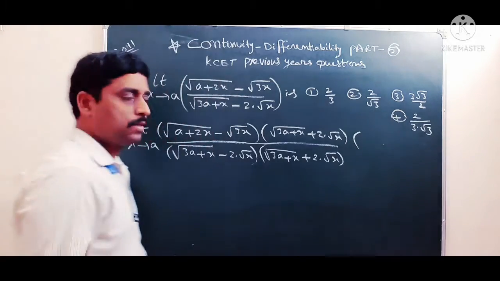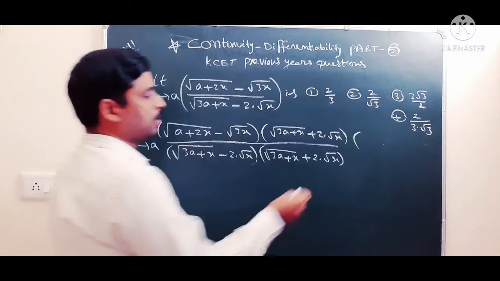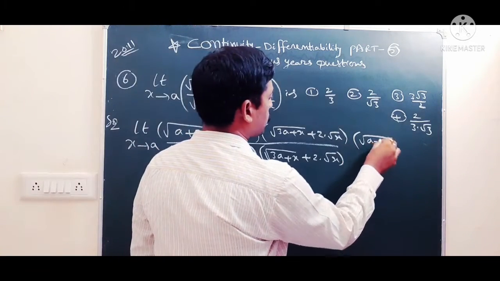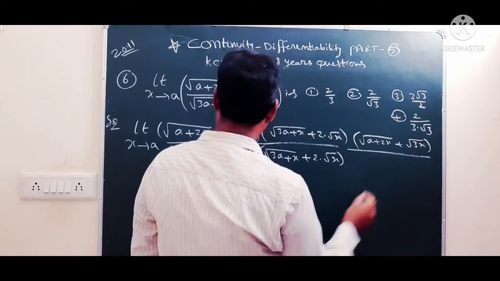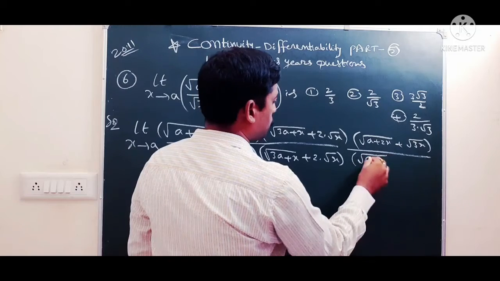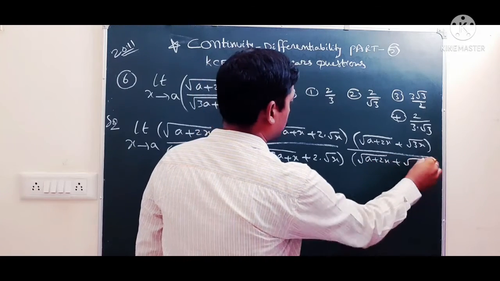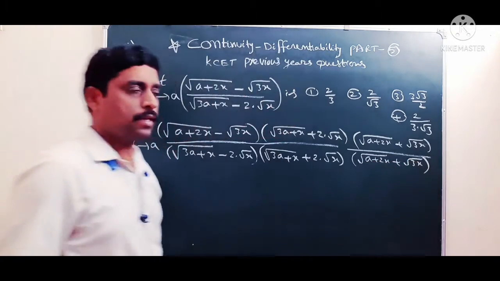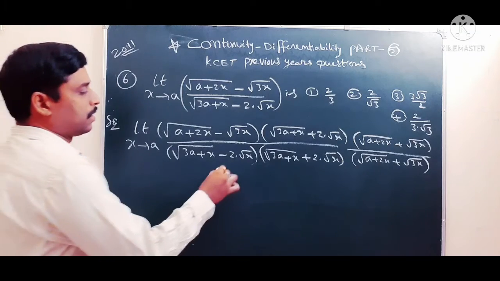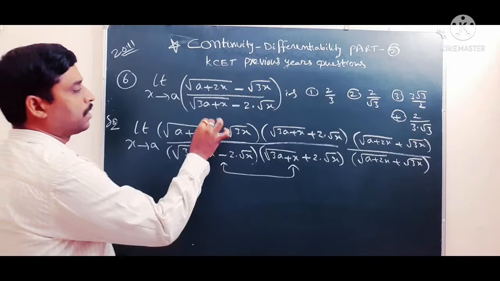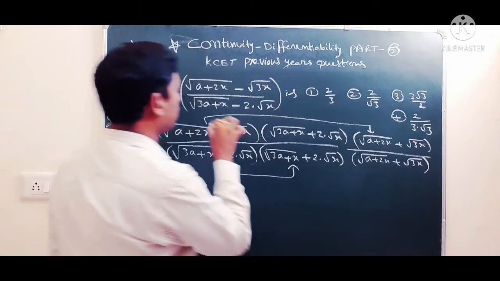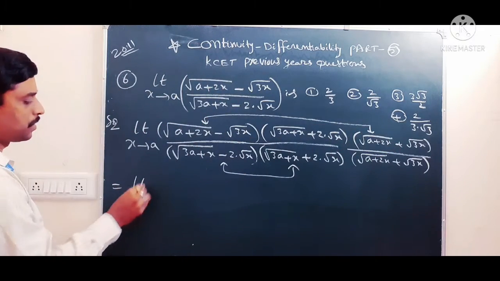And numerator rationalization: root a plus 2x plus root 3x, this whole divided by root a plus 2x plus root 3x. Now by using the a minus b into a plus b formula, in the numerator also, the a minus b into a plus b formula. So limit x tends to a.